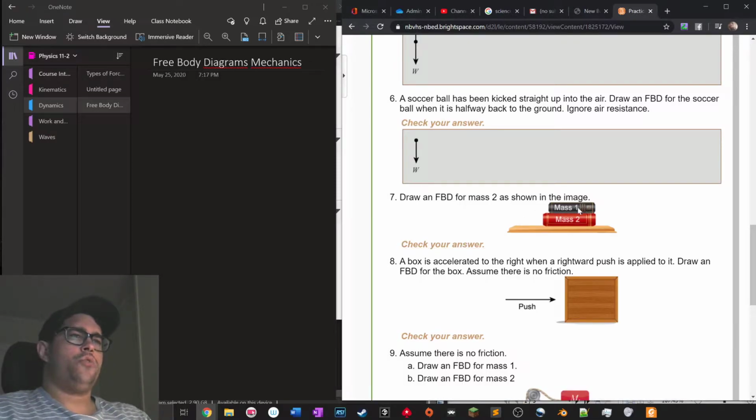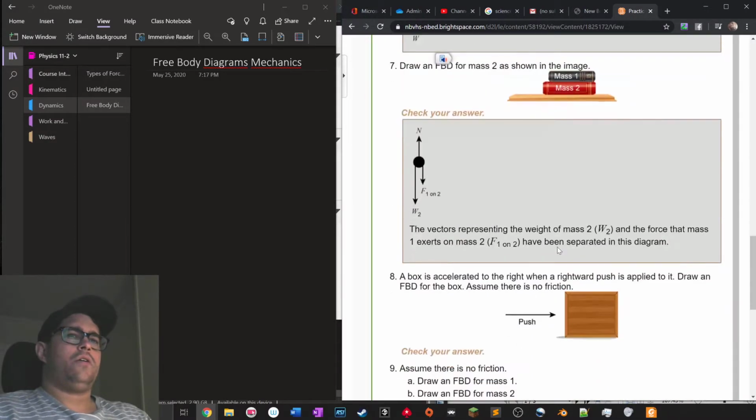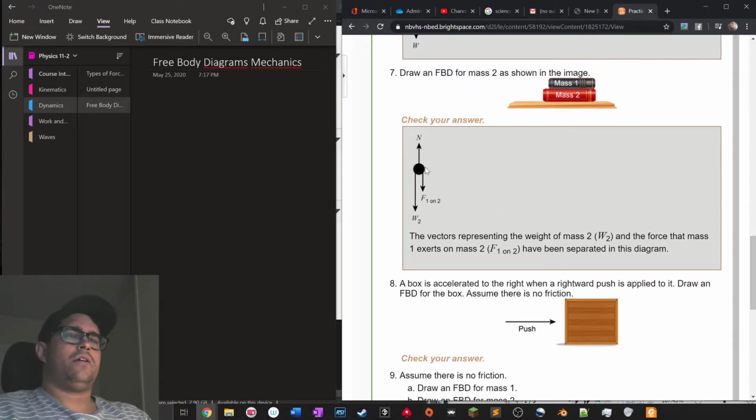It is also to note that the normal force that we would draw would push back against both of these forces. So the N magnitude, because it's not moving up or down, the length of it, would be the length of this plus this added together. If you add these two lengths, you make your N the same length. Now they're equal, and that's why this is not accelerating.